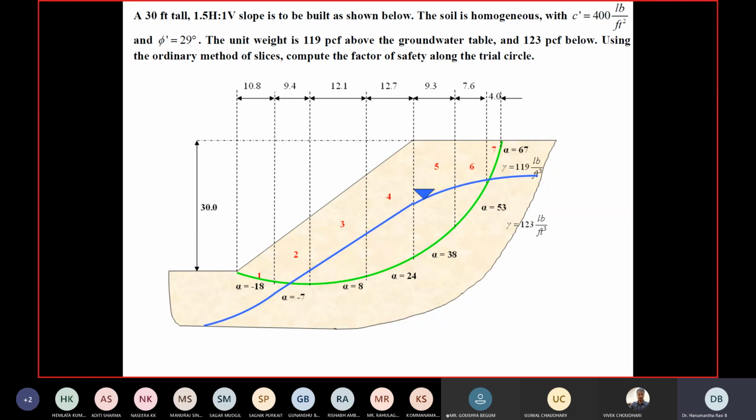Can anybody throw any idea how to calculate this height? Is there any simple method by which we can calculate the height or the geometry?